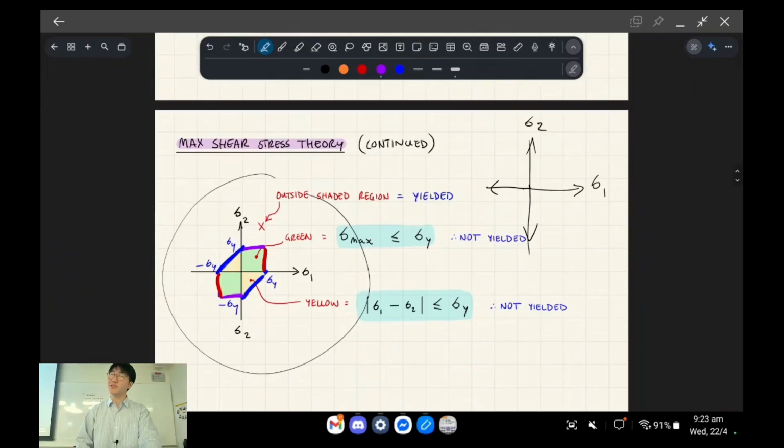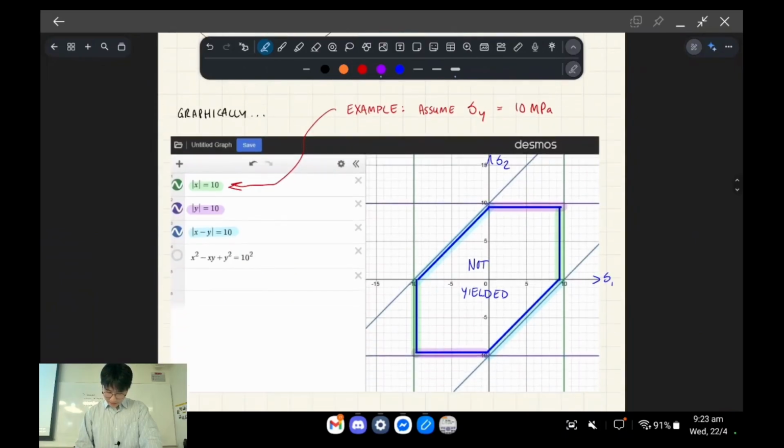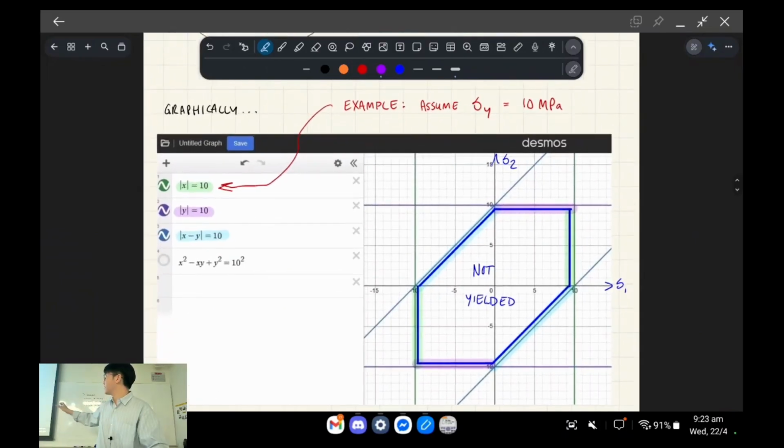It's super abstract, to be honest, but when you see the numbers punched in, it just clicks. It makes a lot more sense. Here's me graphing this on Desmos to show you what I mean. If the x direction is sigma 1 and the y direction is sigma 2, the green lines are the absolute value things, so it goes on either side of it.